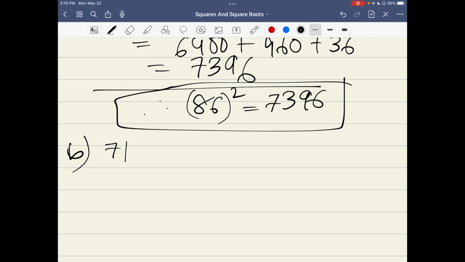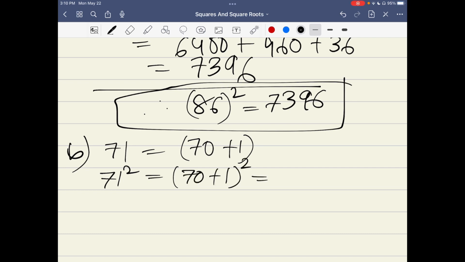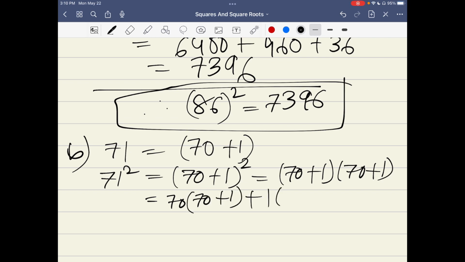Let's do the square of 71. How can you write 71? 71 can be written as 70 plus 1. Therefore, 71 squared will be (70 plus 1) whole squared, which is 70 plus 1 times 70 plus 1, which is what? 70 times 70 plus 1 times 70 plus 1, right?